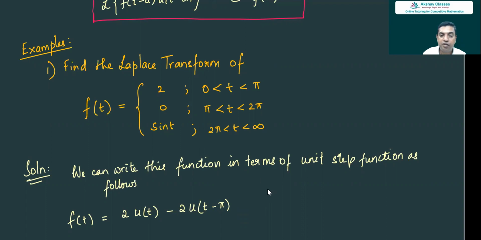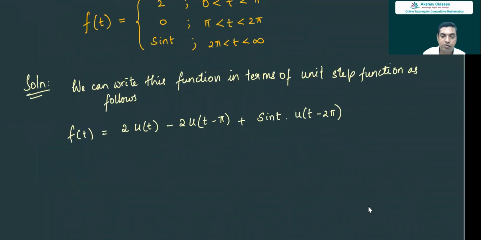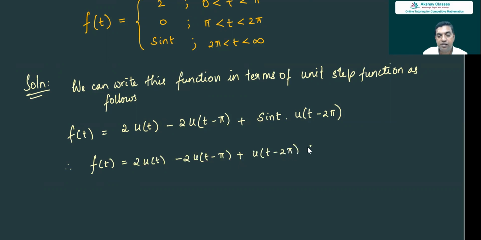Next, for this segment, we have sine t times u of t minus 2 pi. So therefore f of t is 2 u of t minus 2 u of t minus pi plus u of t minus 2 pi sine t.